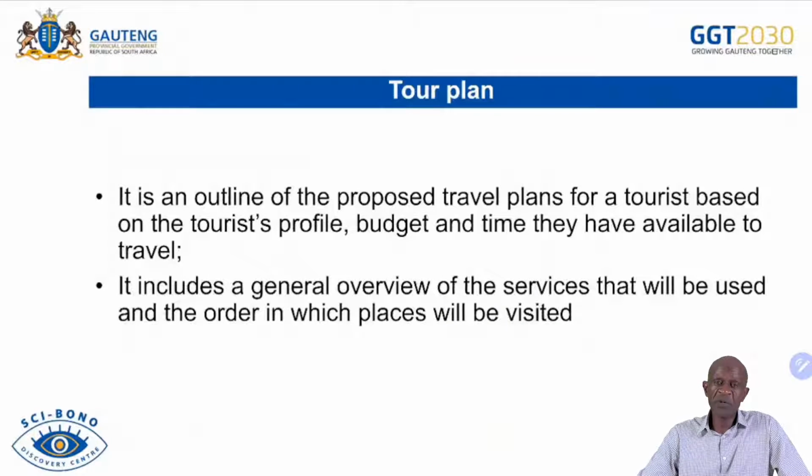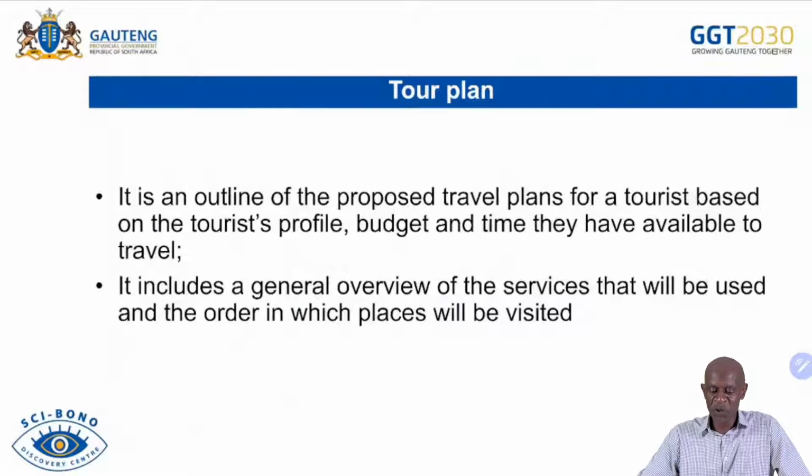As we continue in explaining a tour plan, one could also say it is an outline. Remember, firstly we said it's a summary. Now, it is an outline of a proposed travel plan for a tourist based on tourist profile, budget, and time they have available to travel.